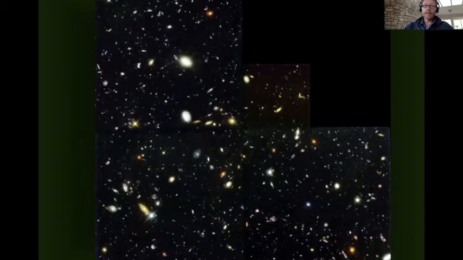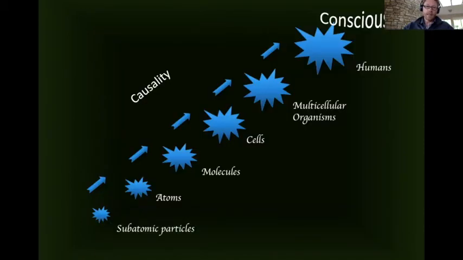Okay, so what I want to say here is that this sequence really reflects a kind of new science called complexity theory. In complexity theory, more complex things arise by the combination of less complex things.